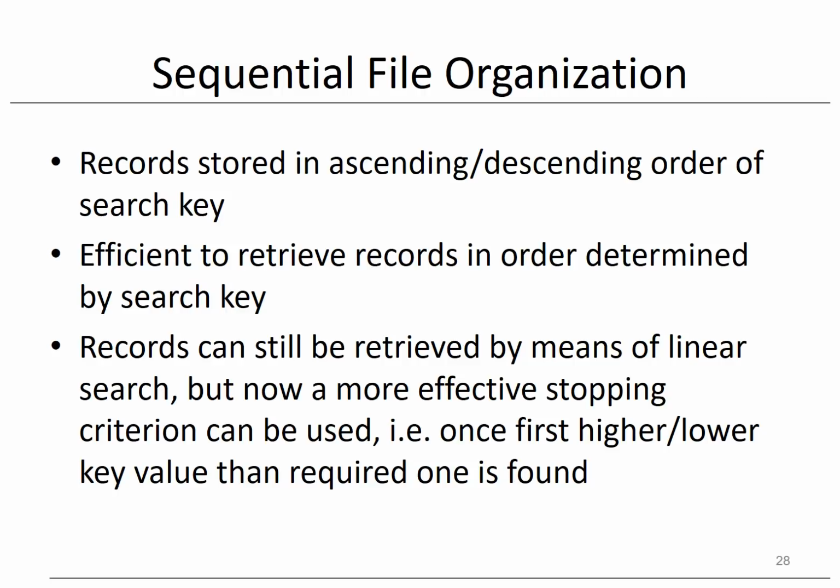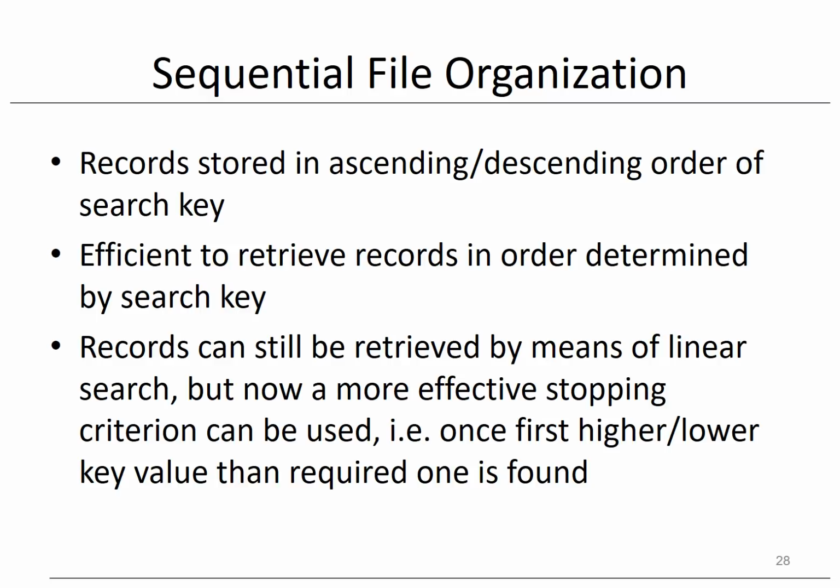Moreover, as with heap files, individual records can still be retrieved by means of a linear search, but now a more effective stopping criterion can be used, since the search key is the same as the attribute type or attribute types that determine the order of the records.